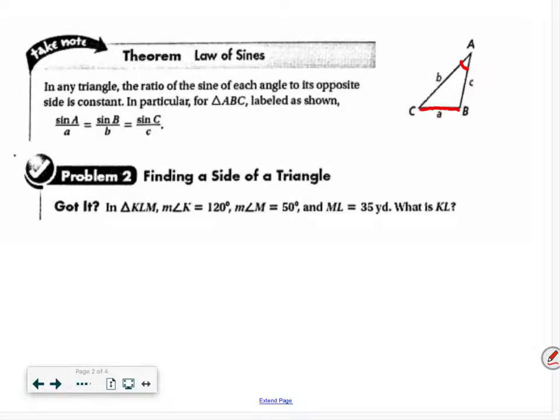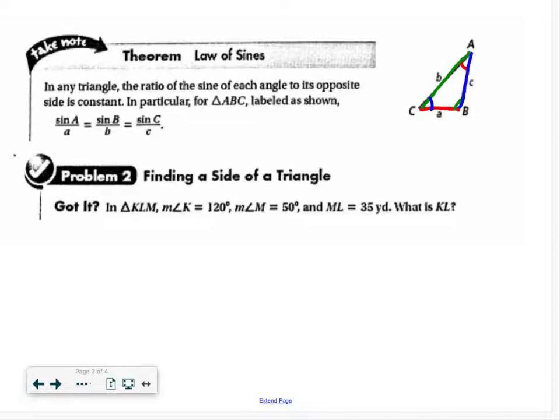It has to be proportional to the sine of angle B over side b, as well as angle C and side c. The important thing to remember here is that sine goes on top and your side goes on the bottom. That's probably the trickiest thing about the law of sines.